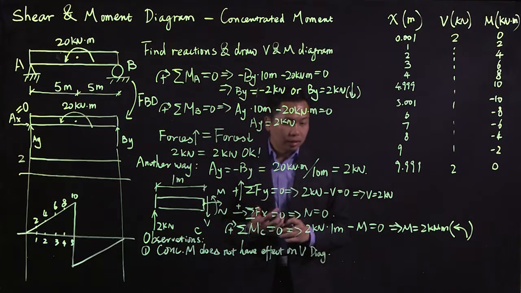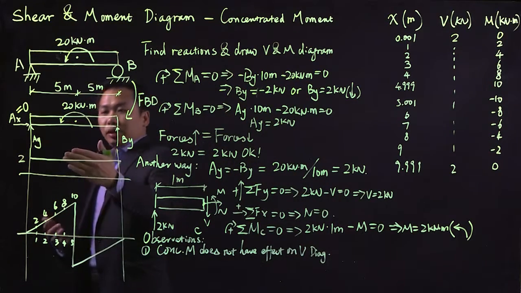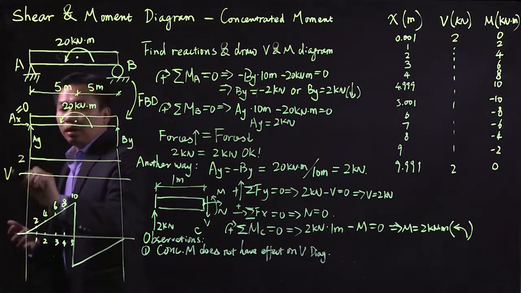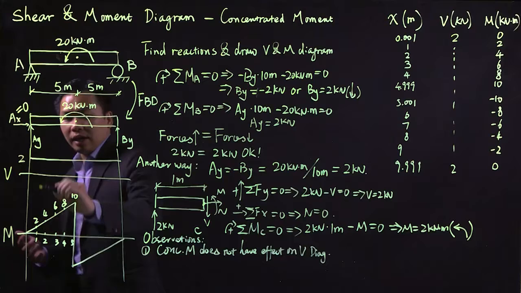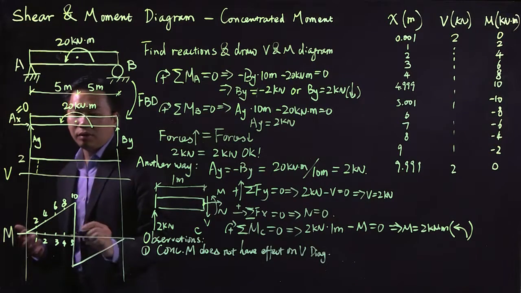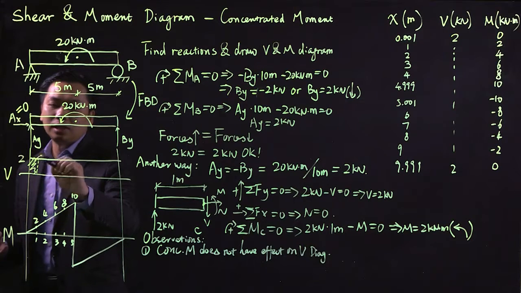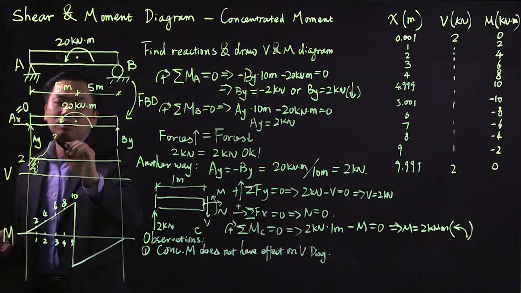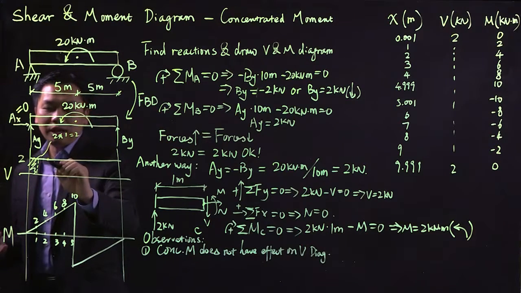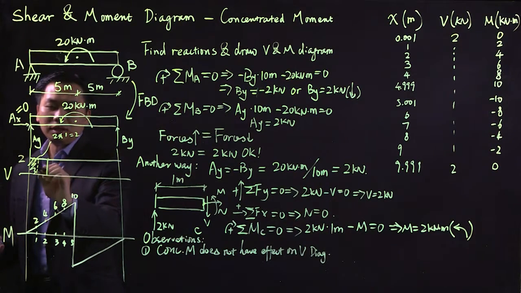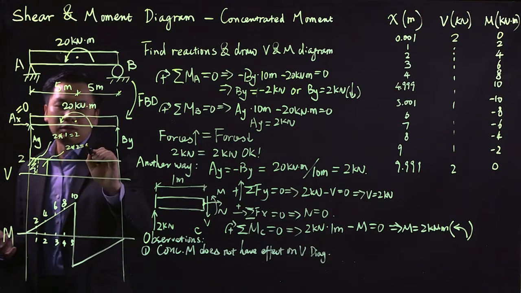And if you look at the relationship between the shear diagram and the moment diagram, you can calculate the area at x equal to 1 meter. The area of the shear diagram is 2 times 1, equal to 2. At x equal to 2, the area is 2 times 2, equal to 4.